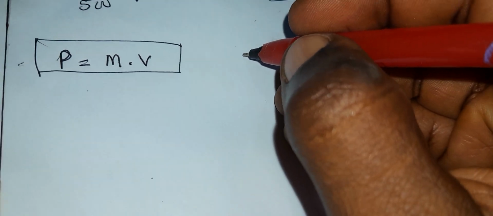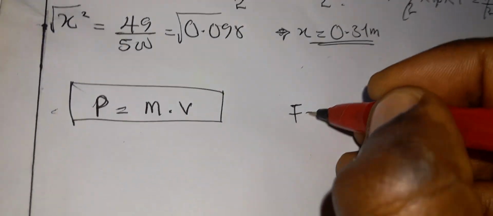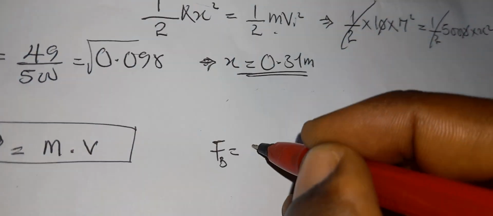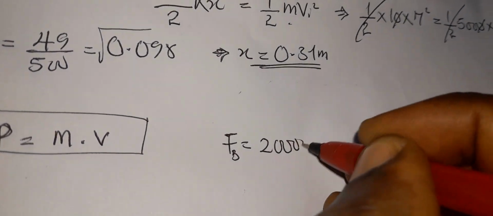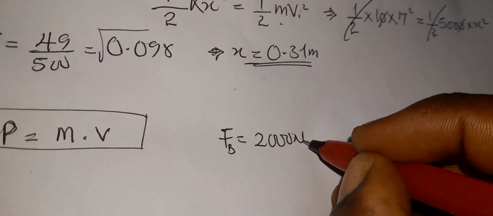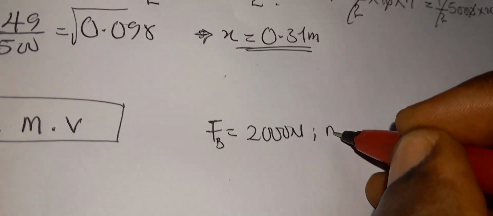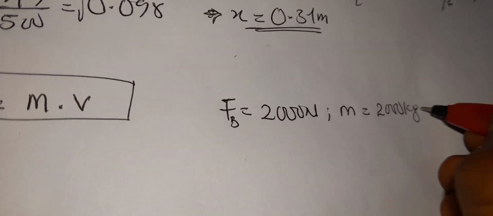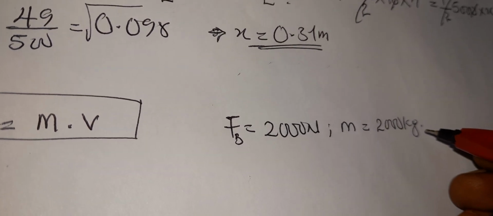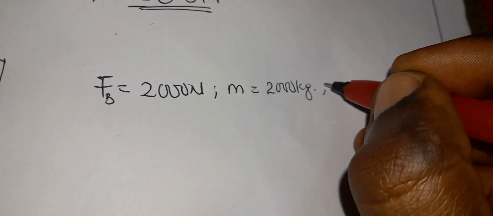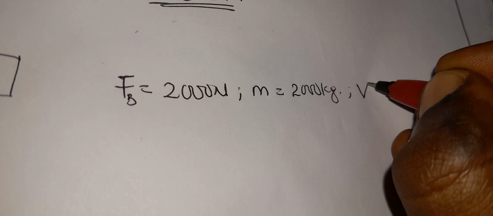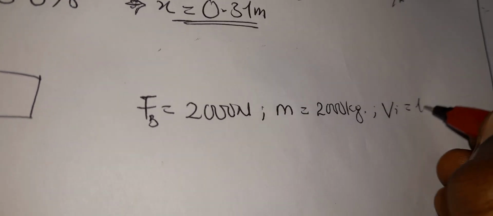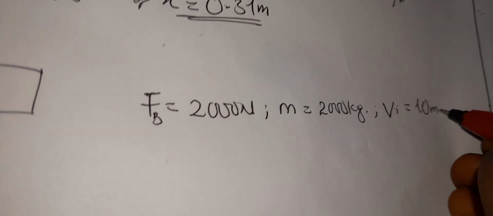We have the force F, the braking force, equal to 2000 Newton, the mass of the car equal to 2000 kg, and the initial velocity vi equal to 10 meter per second.